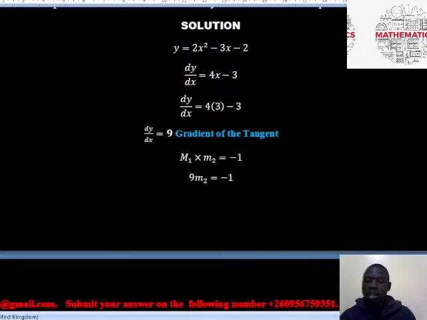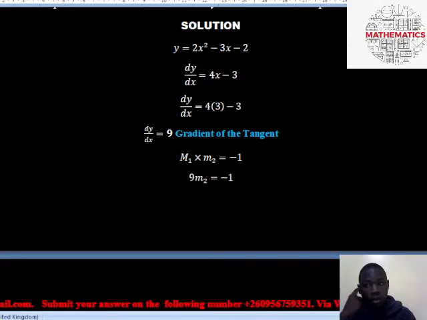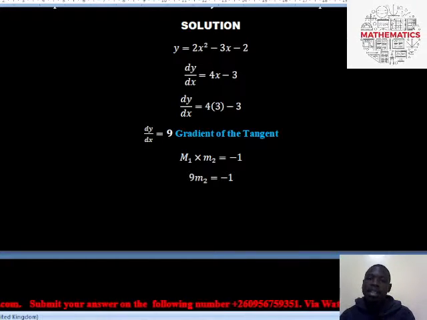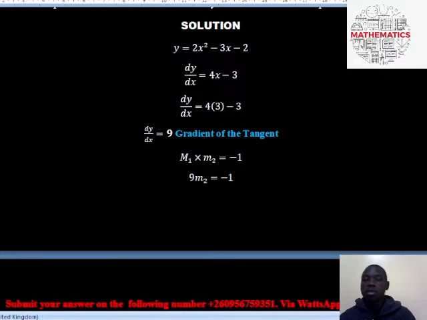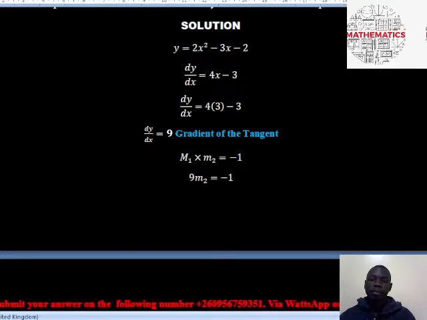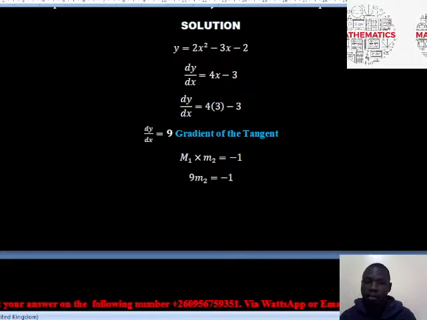The 3 represents the value of x, and 7 represents the value of y. Hence, in this case, we are not going to focus on how to find the value of y because we've already been given it. So now let's differentiate this function.